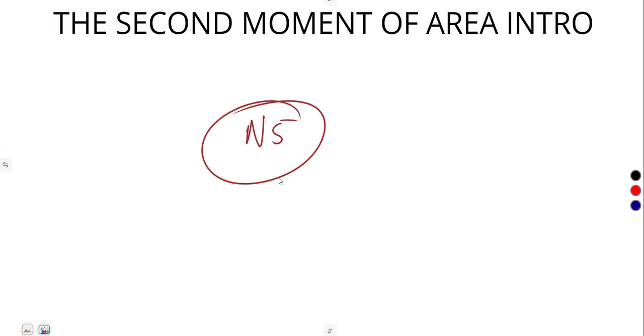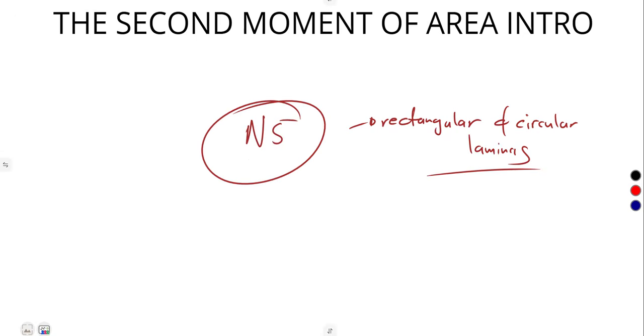with the second moment of area, which was basically on the rectangular. It was calculations on the rectangular and the circular laminas, remember? When we dealt with the second moment of area there, you calculated the second moment of area of the strip, considering the strip.